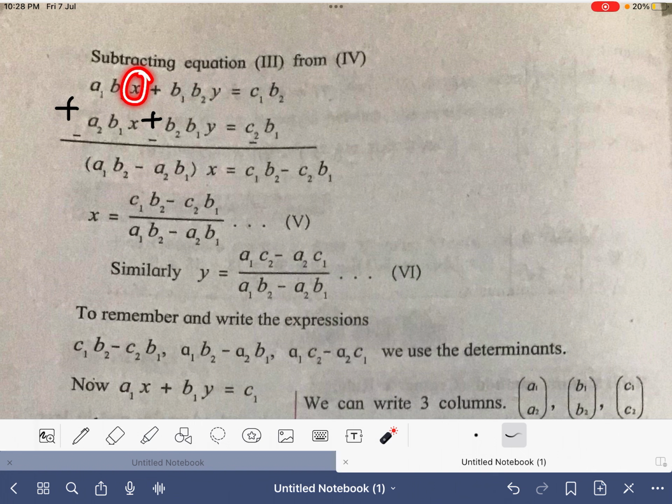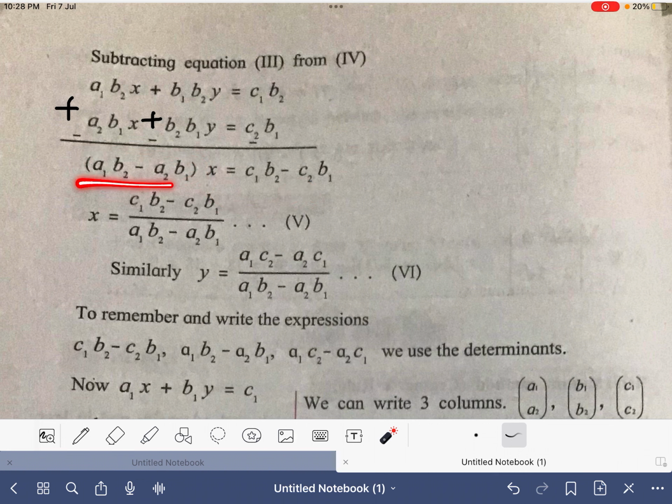What we did is take x common and mention it like this. Now just subtract this and this, so c1 b2 minus c2 b1. Now what is our target? We want the value of x, so simply keep x on the right side and migrate this whole bracket to the left side.